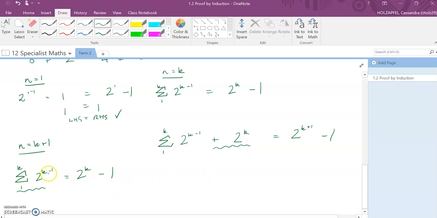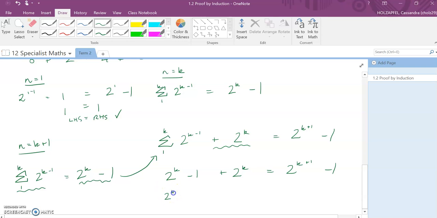Because I've just substituted this value in here, this is also going to be equivalent to that. So I can substitute that in there. So 2 to the power of k minus 1 plus 2 to the power of k should be equal to 2 to the power of k plus 1, minus 1. So I'm going to factorize these.